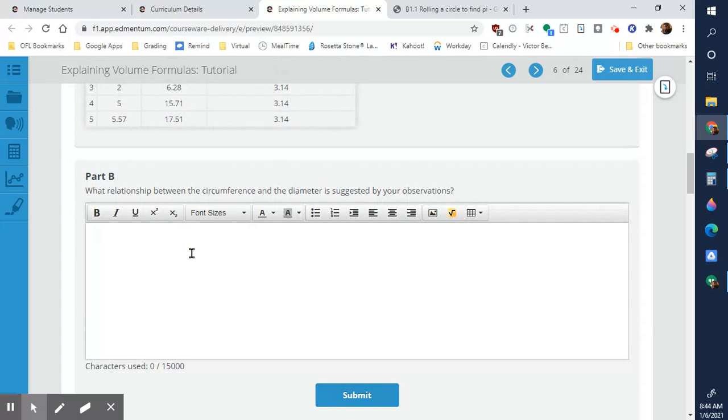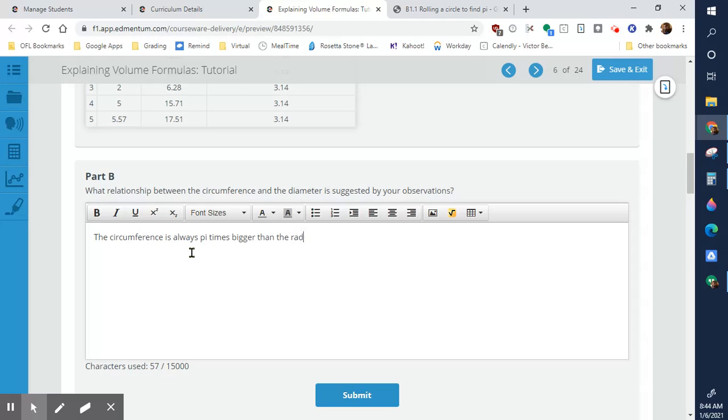What is the relationship between the circumference and your observations? The circumference is always pi, spelled as pi, times bigger than the diameter.